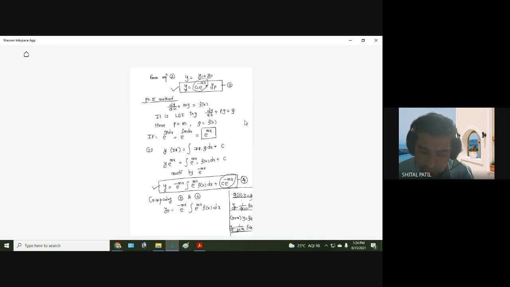So y of p is 1 upon d plus m operated on f of x, which is equal to e raised to minus mx, since plus m becomes e raised to minus mx, inside the integral e raised to plus mx operated on f of x dx. This is the formula to find the particular integral.